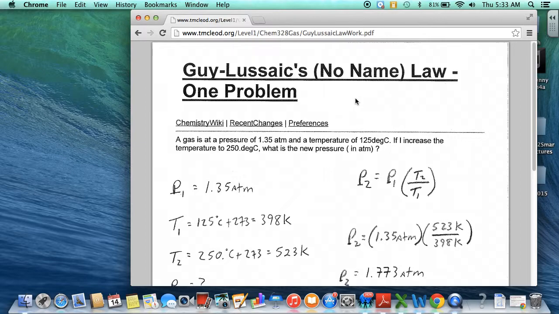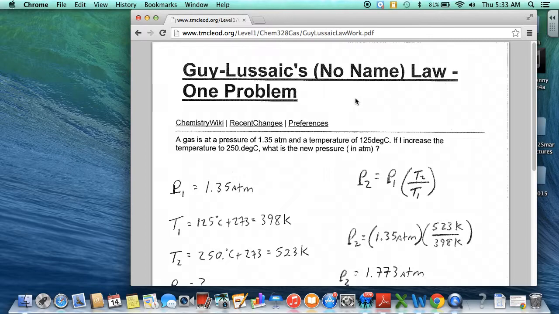For Gay-Lussac's law, you may have done the gas demonstrations already, or read it in the book. What you figured out is that for Gay-Lussac's law, what is being held constant is the number of moles and the volume, and pressure and temperature are changing, or varying.